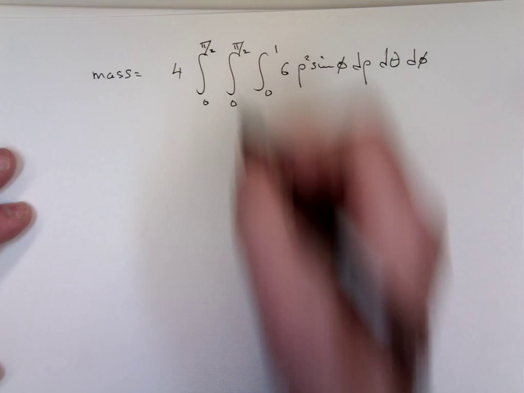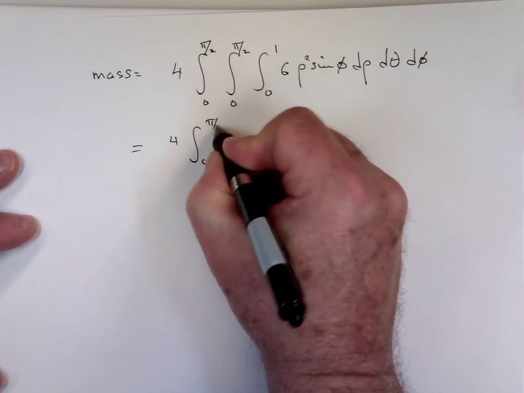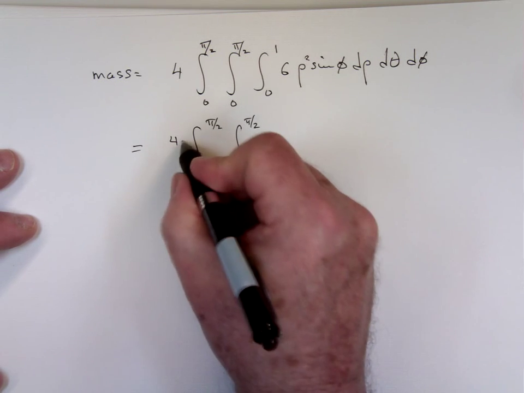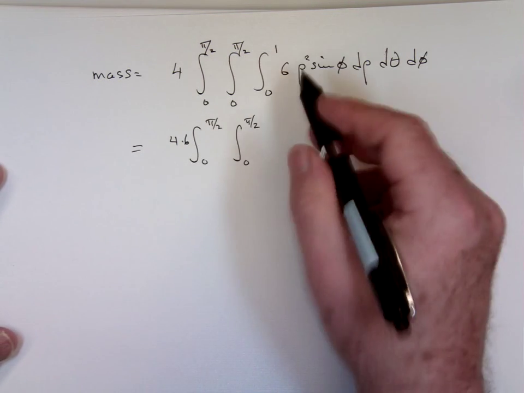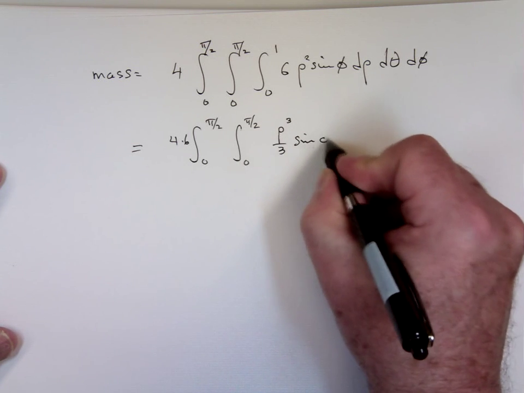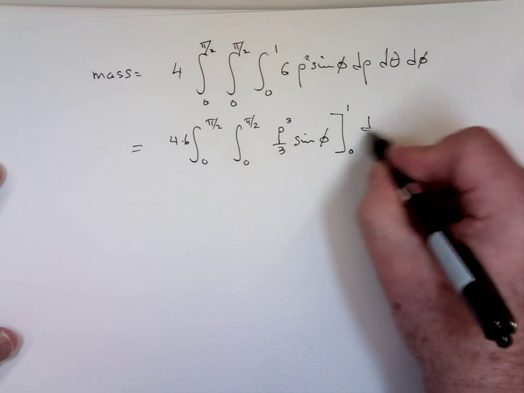Let's do it. So 4 times 0 to pi over 2, 0 to pi over 2. We can take the 6 out too, as far as that goes. We've got rho cubed over 3 sine phi from 0 to 1, d theta d phi.